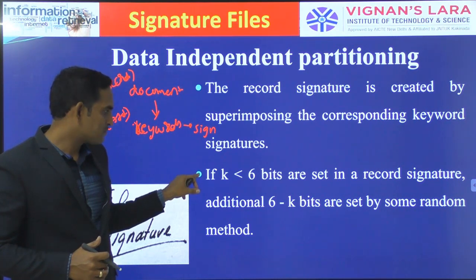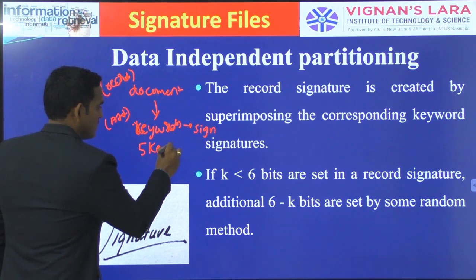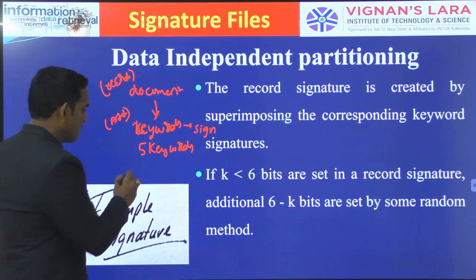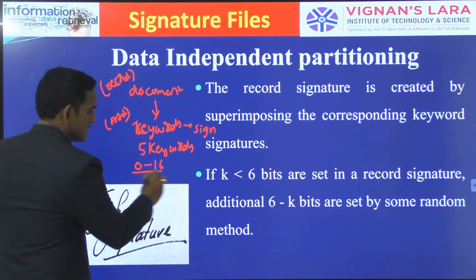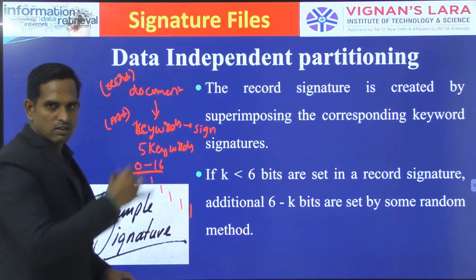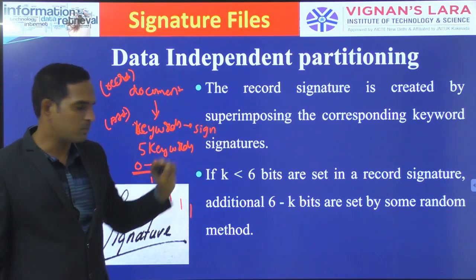Suppose you have 5 keywords. If you remember, each and every keyword will be mapped to one of the 16 bits, so 5 different bits will be set in different positions.